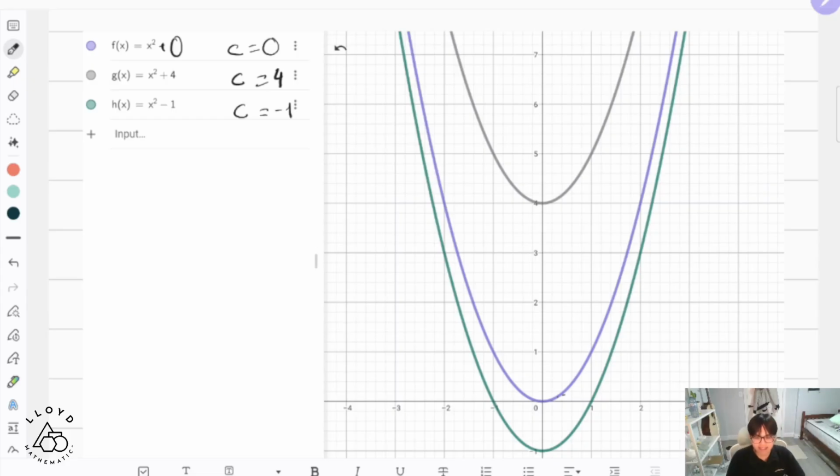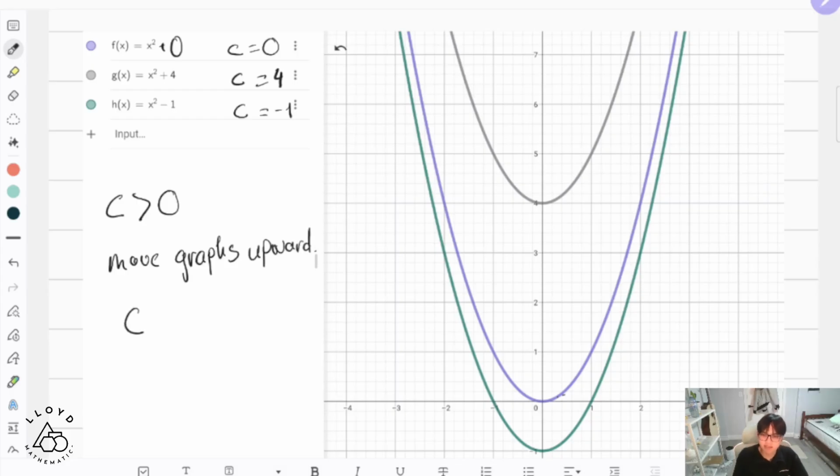With these examples, we can see that if C is higher than 0, it will move the whole graph upward. And if C is less than 0, it will move the graph lower, or downward.